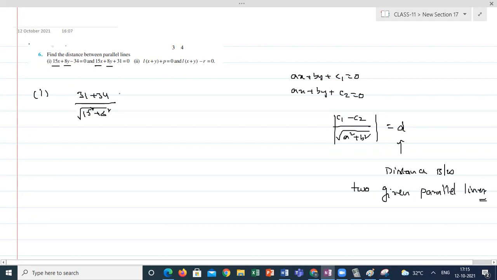This will be 65. I'm sorry, 65 only. 15 square plus 8 square is how much? 289, sir. 289, so 17. Yes, sir. Super.